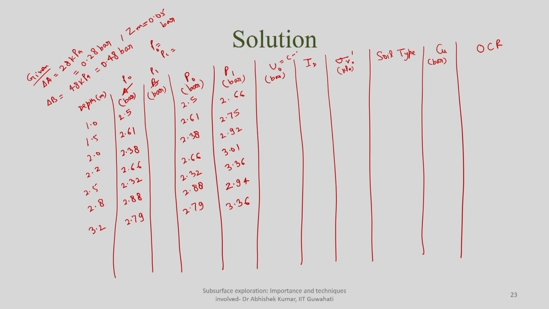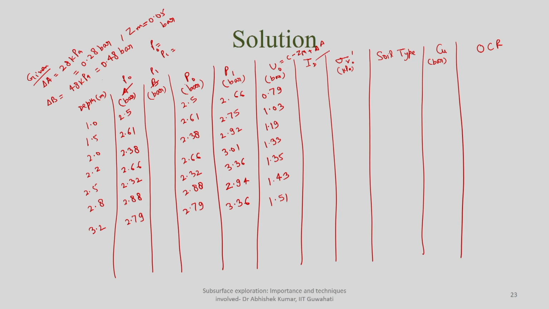That will be equal to C minus Zm plus delta A, which becomes 0.79, 1.03, 1.19, 1.33, 1.35, 1.43, 1.51.